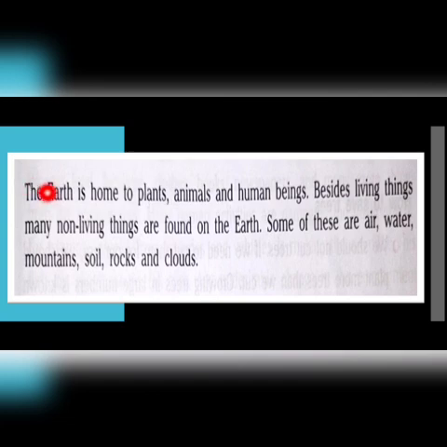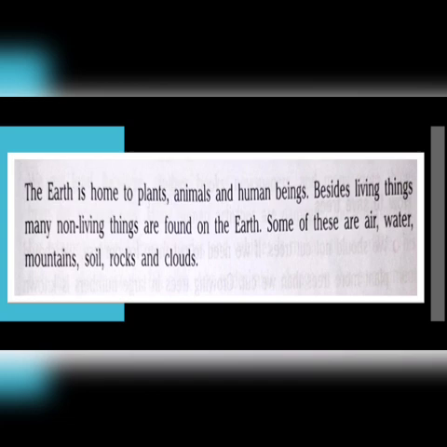Our earth is home to plants, animals, and also human beings. Besides living things, many non-living things are found on the earth. Some of these are air, water, mountains, soil, rocks, and clouds.